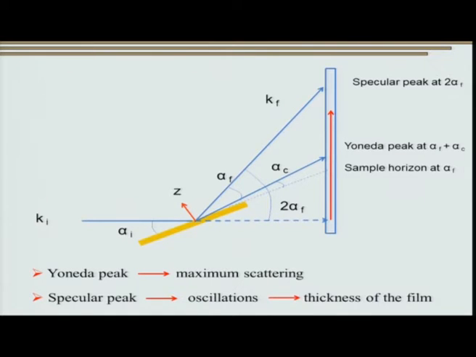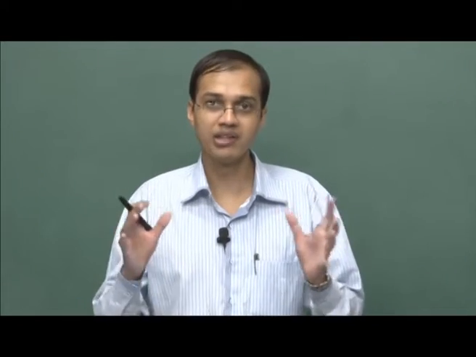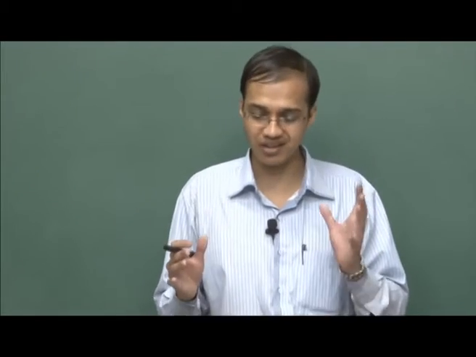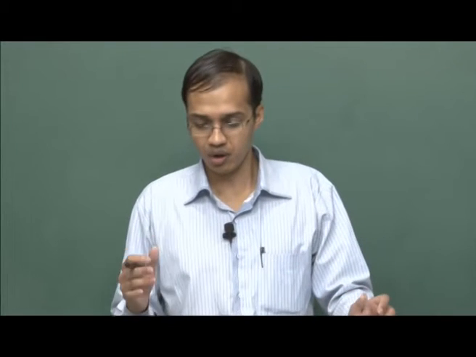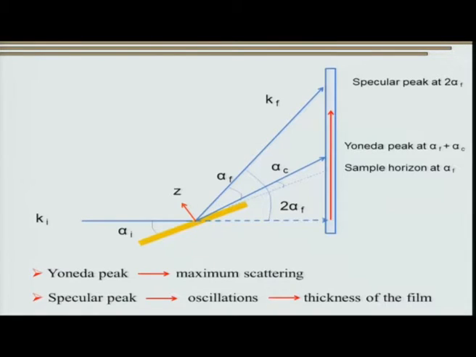Right. So, let us again go back and look at the geometry. All the angles we are talking about are pretty small, the alpha i, alpha c or alpha f are pretty small, but just for the sake of simplicity I have kind of blown them up so that we can appreciate it. So, you can imagine what actually is happening, again the same image, that the X-rays are incident with the wave vector ki at an angle alpha i.